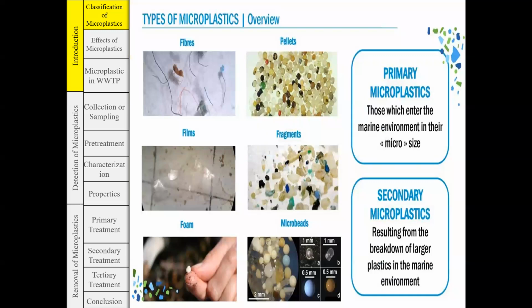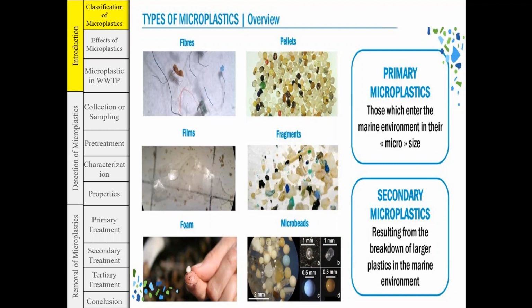Next, the next type of classification is based on the shape and size of microplastic. There is this perspective of classification according to different shape and form, where you can see six types of microplastic.